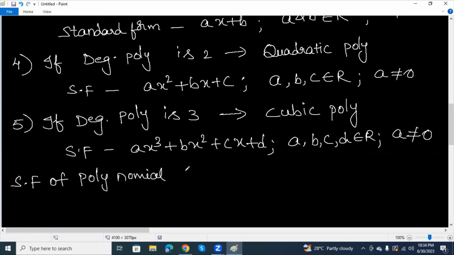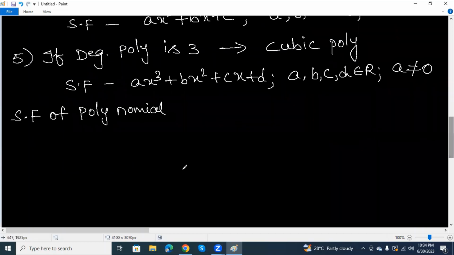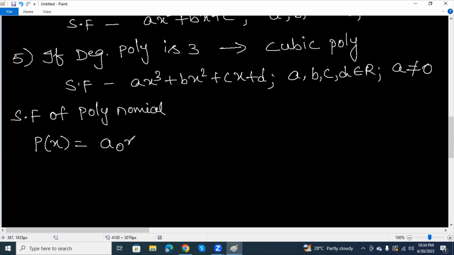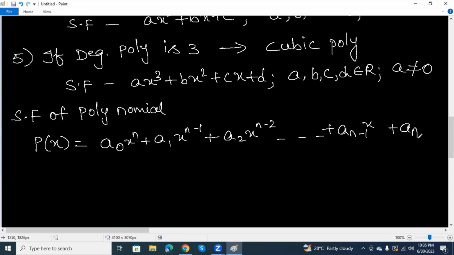What is the standard form of a polynomial? If a polynomial p of x is there, a naught x power n plus a1 x power n minus 1 plus a2 x power n minus 2, and so on, plus a n minus 1 x plus a n.